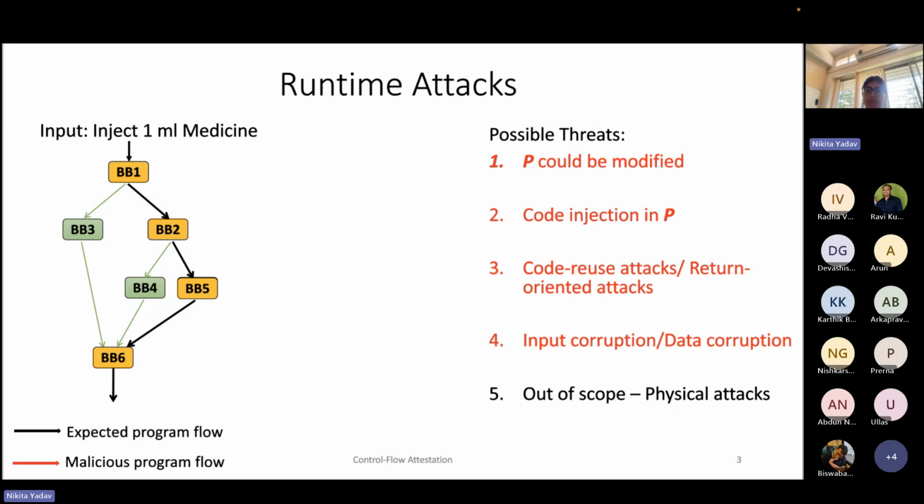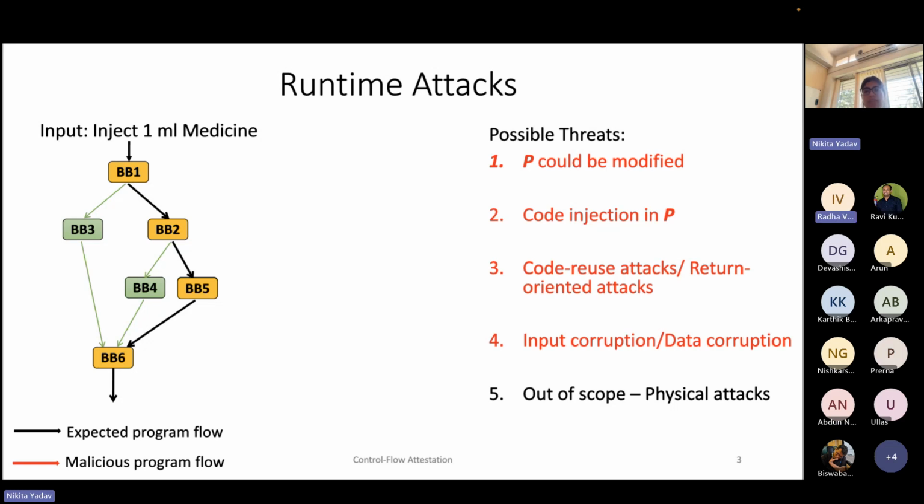Then the third type of possible threat is code reuse or return oriented attacks, in which the attacker changes the jump addresses like return address or the code pointers, and therefore tries to execute some code sequences in the program, which are called gadgets, and thereby stitches together these code sequences to execute some arbitrary operation which was not originally part of the program.